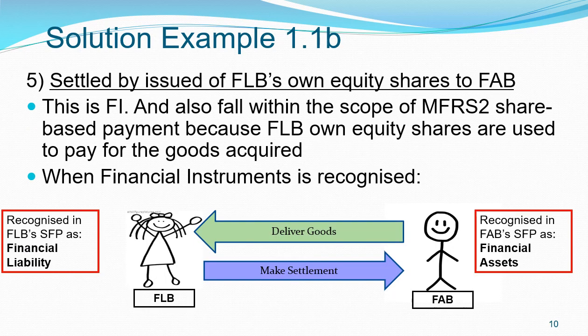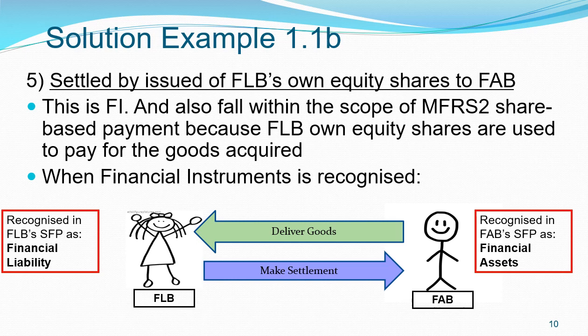Okay, lastly, settlement by issue of FLB own equity shares to FAB. Okay, this is a financial instrument, and also falls into the scope of MFRS share-based payment. Okay, because FLB own equity shares are used to pay for the goods acquired.